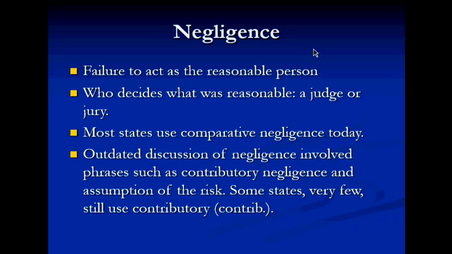So again, contributory negligence is if the plaintiff is found to have contributed in some way to his or her own injury. Now, comparative negligence, which is sometimes called comparative fault, is when a plaintiff may be partially to blame for their own injury.